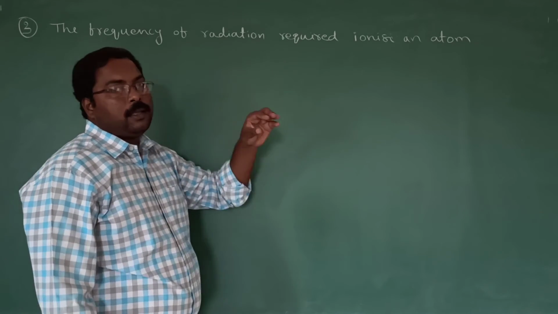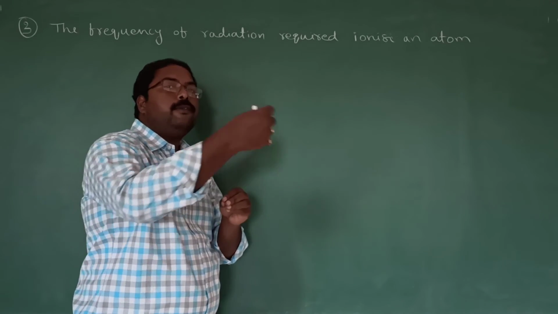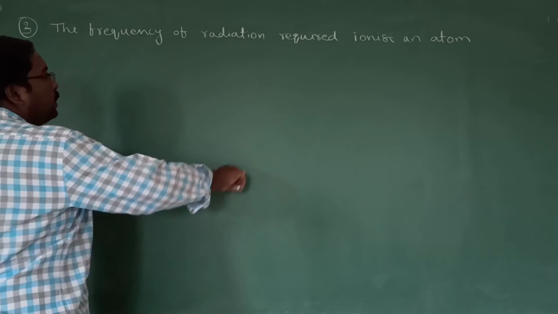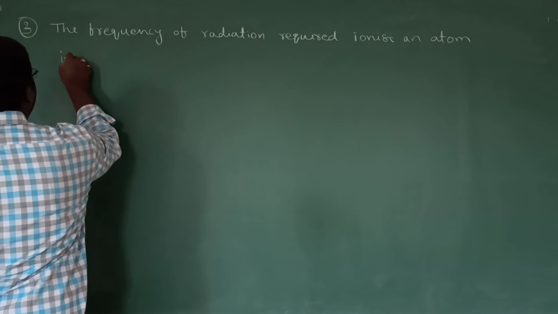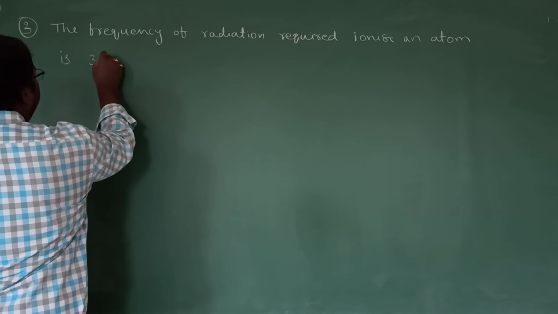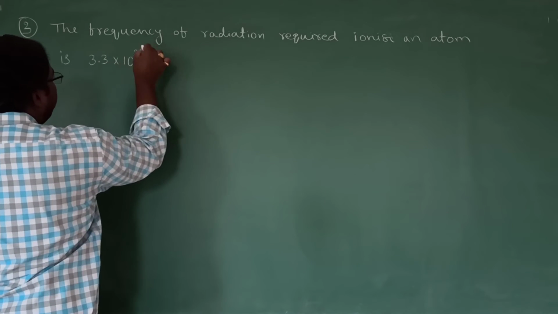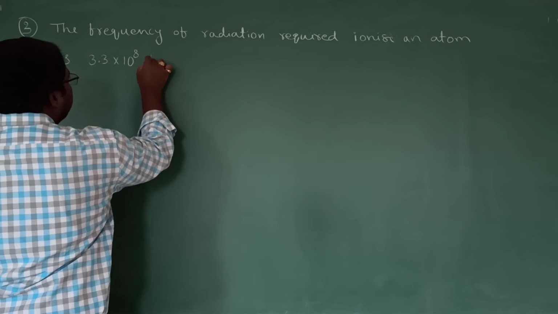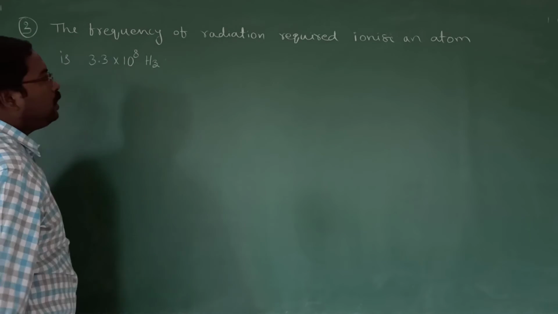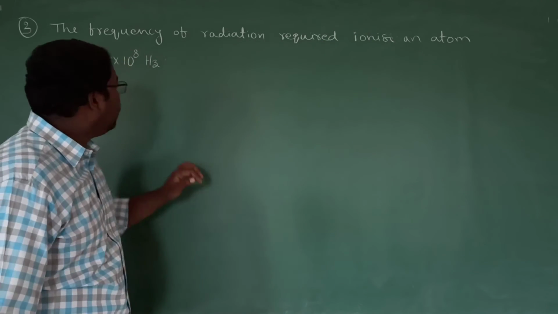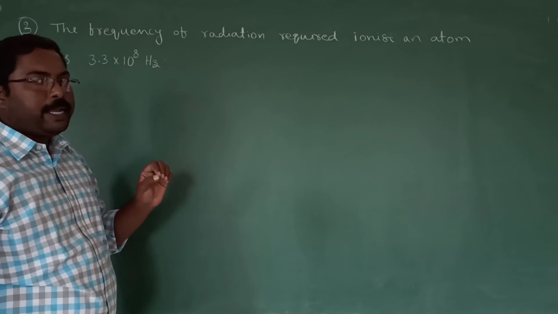Ionize means, when we remove the electron, it gets ionized. Is 3.3 into 10 to the power 8 Hz. Okay, the frequency of the radiation required to ionize an atom is this much frequency.